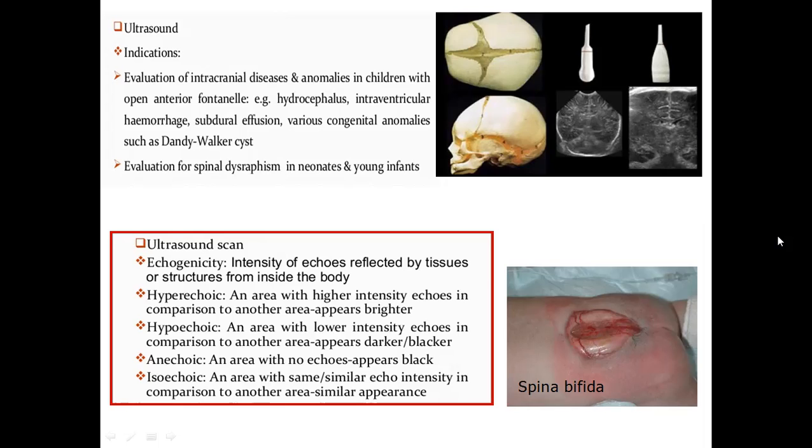Hypoechoic, an area with low intensity echoes in comparison to another area, usually appears darker or blacker on ultrasound scans. Anechoic, an area with no echoes, also appears black. And isoechoic, an area with the same or similar echo intensity in comparison to another area, appears similar.